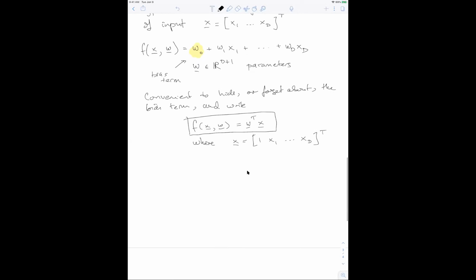Hopefully that's clear. And then two, what is our loss criterion? We need a loss criterion.